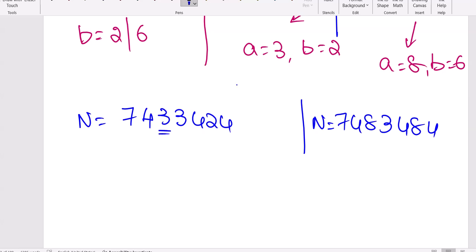This is 3 and 2, here 8 and 6. Divide by 72 and you will get an integer only, not a fraction or decimal value. But the question is the least value of a plus b, so 5 is correct. 14 is also okay, but the least satisfied is 5.